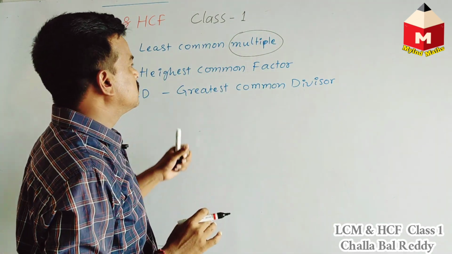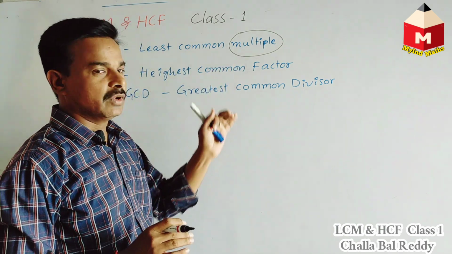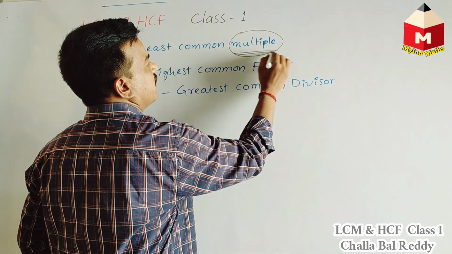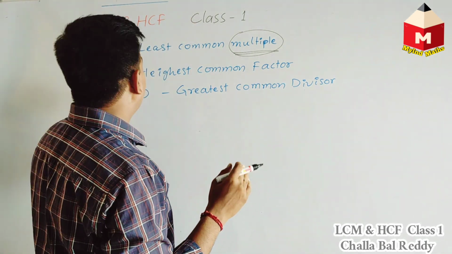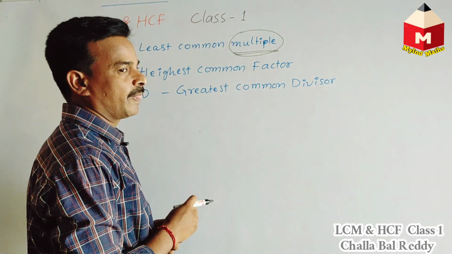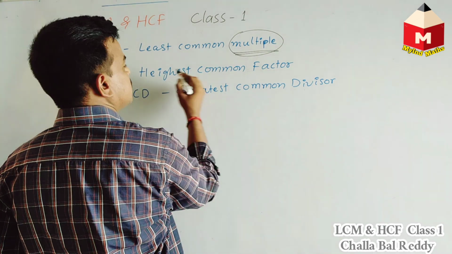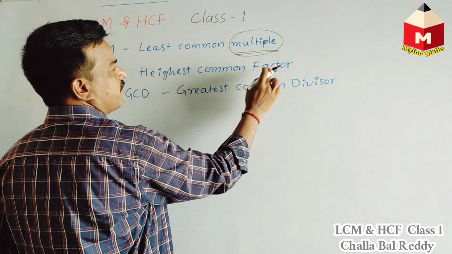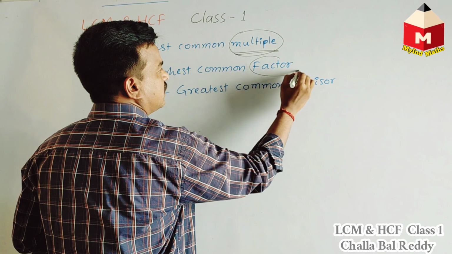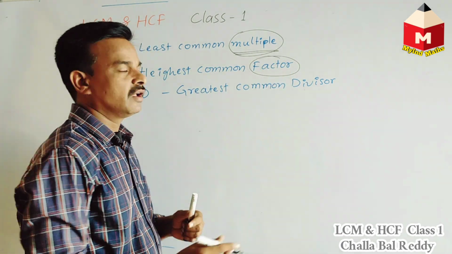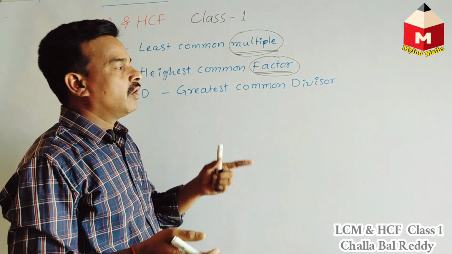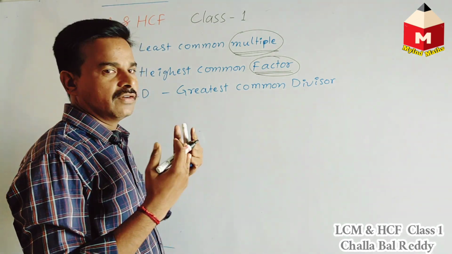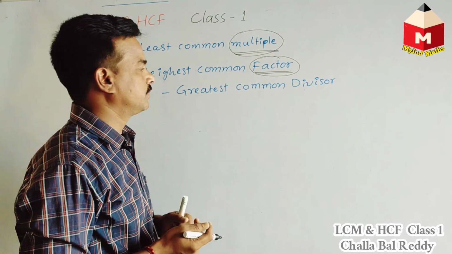If we know the multiples of every number, only then can we find the LCM. Also here you see HCF, highest common factor. Here factor is also very important. If we know the factors of every number, only then can we find the HCF of 2 or more numbers.